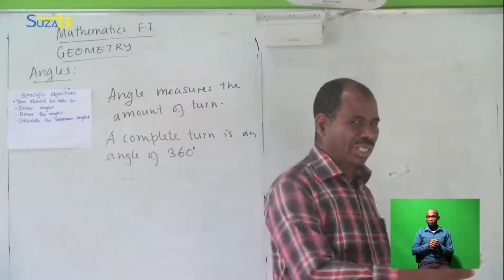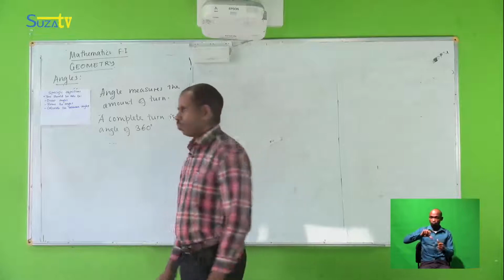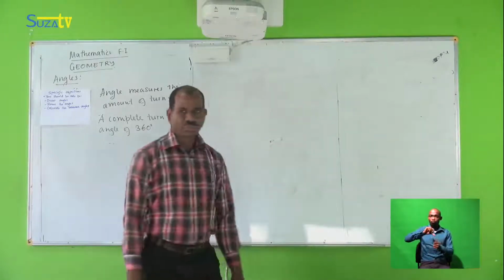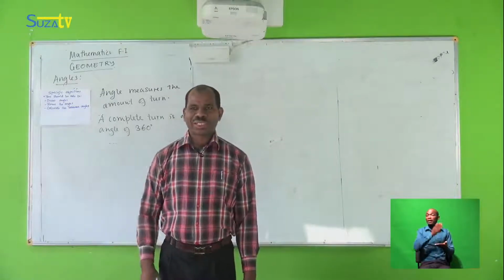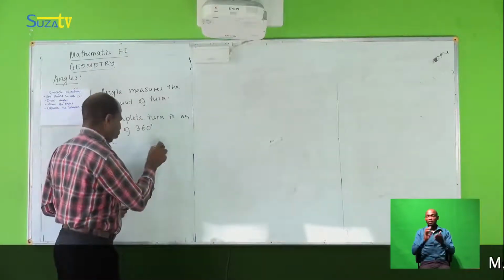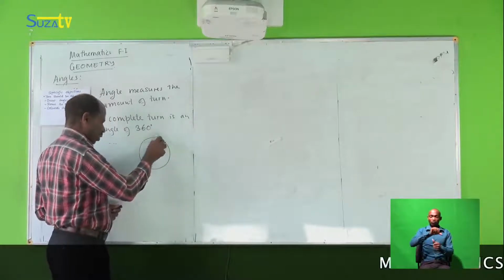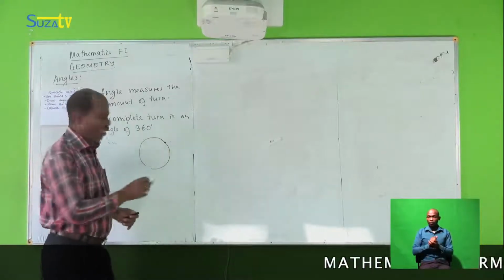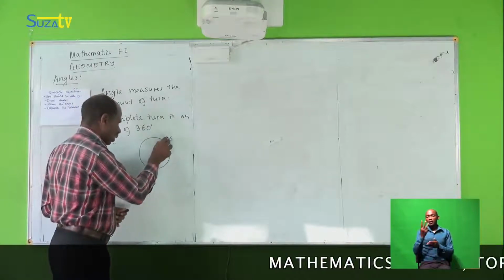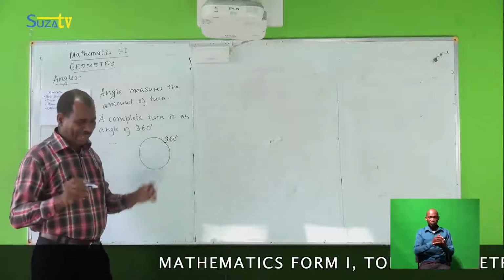You can rotate either here or this. I'm rotating this. So this is a complete turn of 360 degrees. It's the same as moving around from the point back to the point. It is 360 degrees. We call it a complete turn.